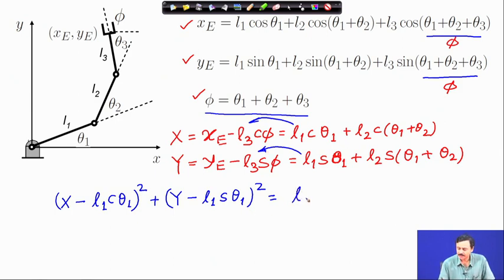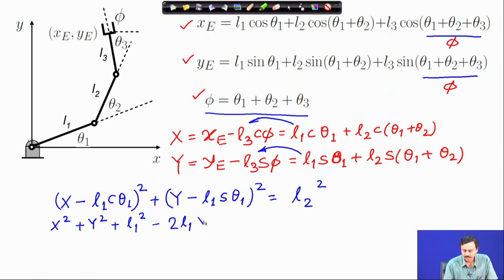So, I get on the right hand side L2 square. So, when I open this up, I get X square plus Y square plus L1 square minus 2 L1 X cosine theta 1 minus 2 L1 Y sin theta 1 is equal to L2 square.